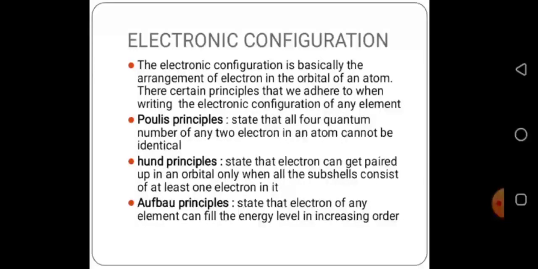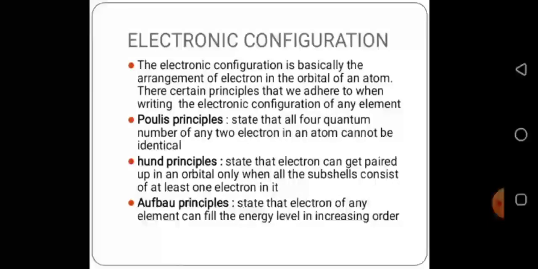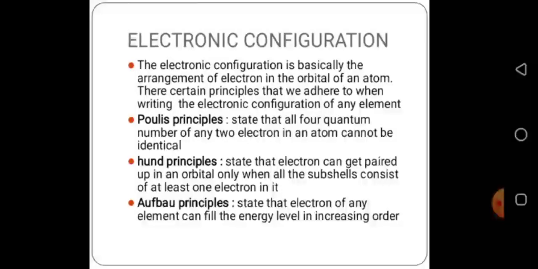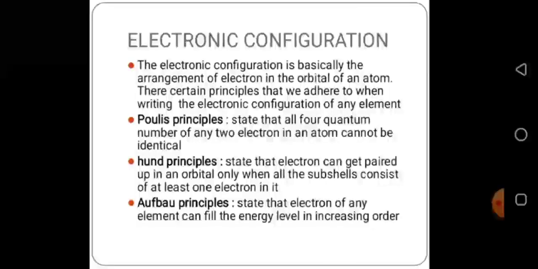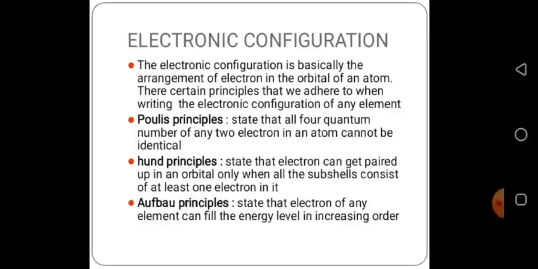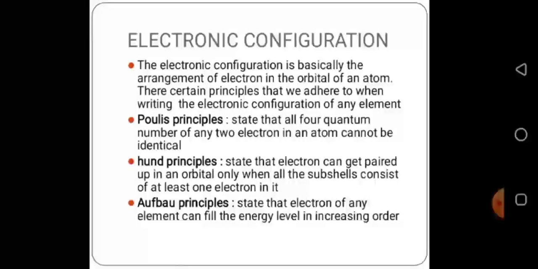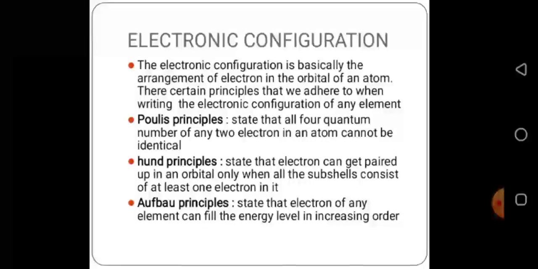So the p orbital is divided into 3, and none of the electrons can have identical quantum numbers. That is what Pauli is trying to let us understand.